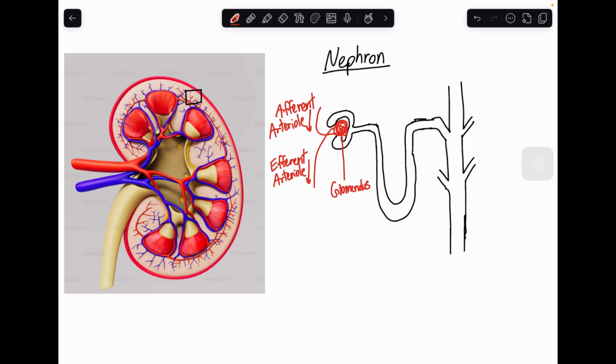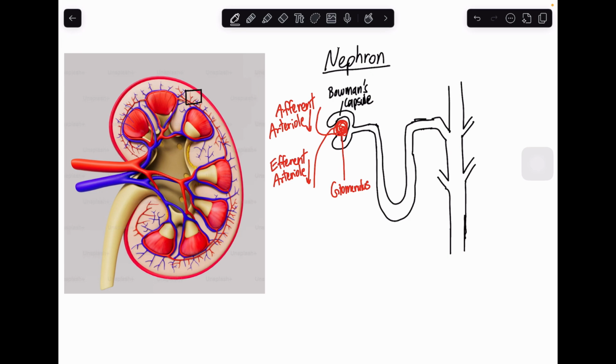And all the while, the blood is being swished around in there, inside this part, which is called the Bowman's capsule, with high pressure.